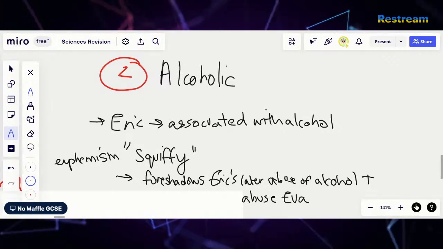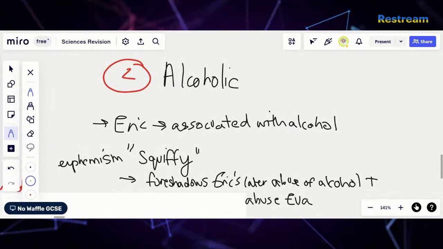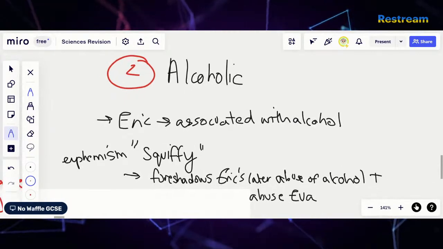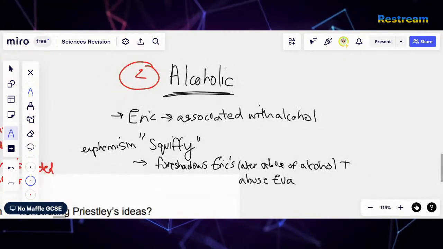Alcohol is one of the main things that Eric represents. He's squiffy.